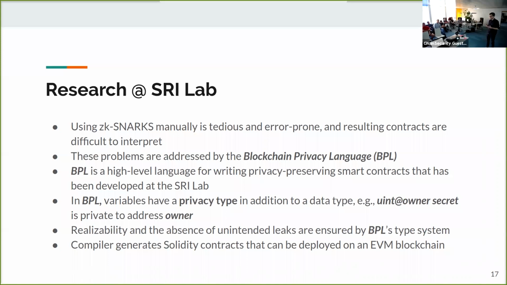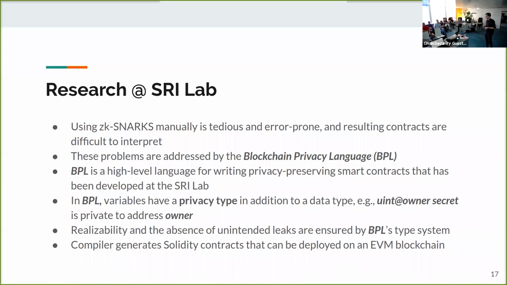On a very high level, what BPL offers is, if you have variables or function arguments, in addition to having a data type as you're used to normally, they can also have a privacy type. For instance, we have a secret defined here, of data type uint, and we assign it a privacy type owner, which means the secret on-chain will be private to the owner.